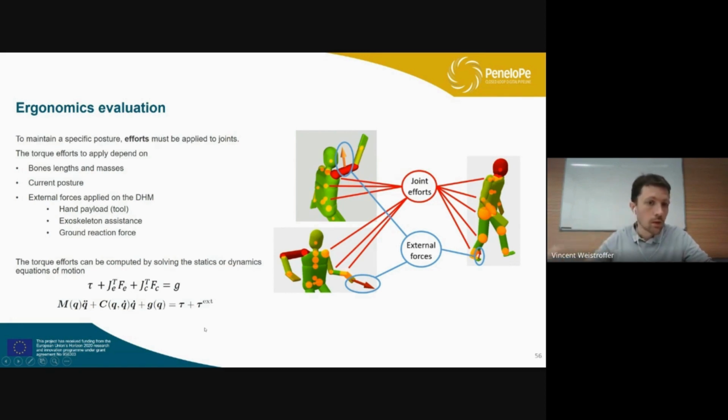In the end, you will compute the torques, and the torques, they will give you some insights about what is the amount of efforts that has to be provided in order to reach and keep a certain posture. Okay. So the inputs are the external forces in blue here, and as output, we compute the joint efforts at each articulation.